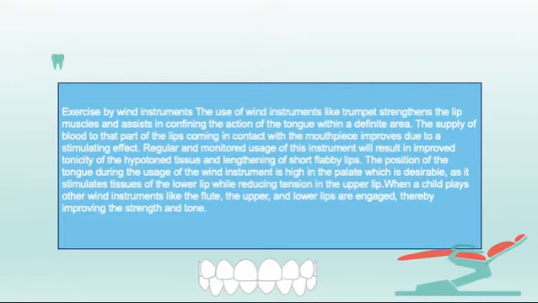Exercise with a wind instrument. Using a wind instrument like a trombone strengthens the lip muscles and assists in confining the action of the tongue within a defined area. The blood supply to the part of the lips coming in contact with the mouthpiece improves due to the stimulating effect.